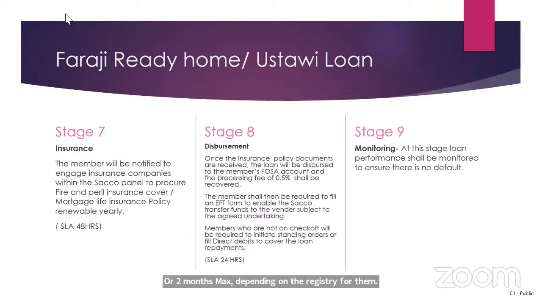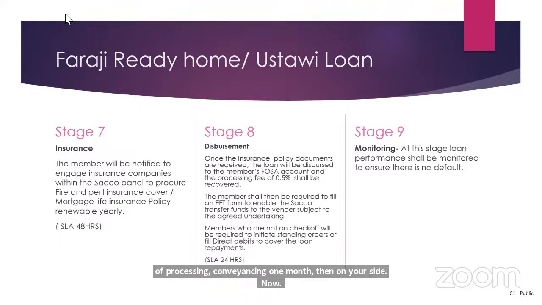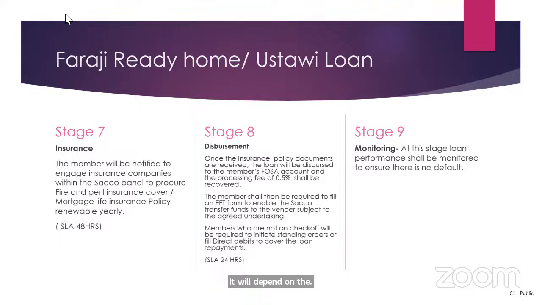On our side we take 1.5 months in terms of processing, and conveyancing 1 month. Then on your side, it will depend on your speed in terms of the levels of construction as per the BQ. The faster you move, the faster the project will complete. But on our side, it's also 1.5 months or 2 months max, depending on the time it takes to lodge the charge.